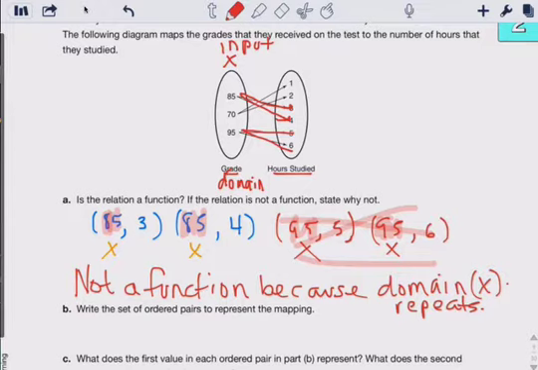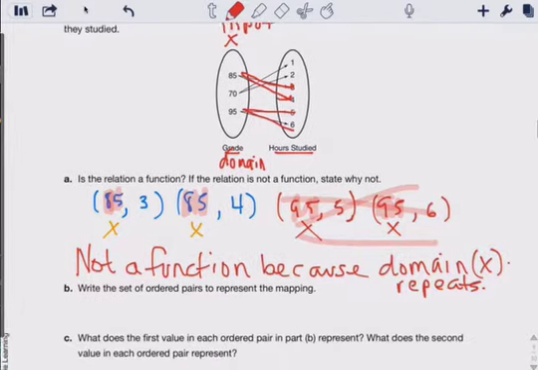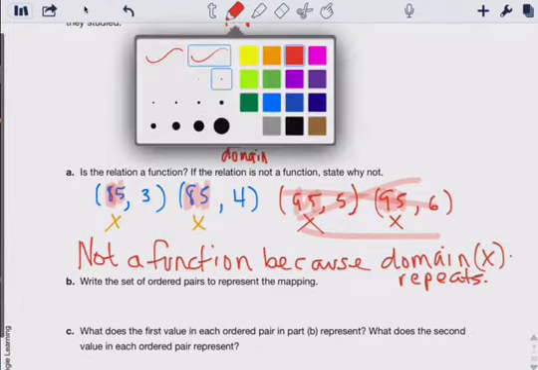Write a set of ordered pairs to represent the mapping. Oh, I already started early. Okay.